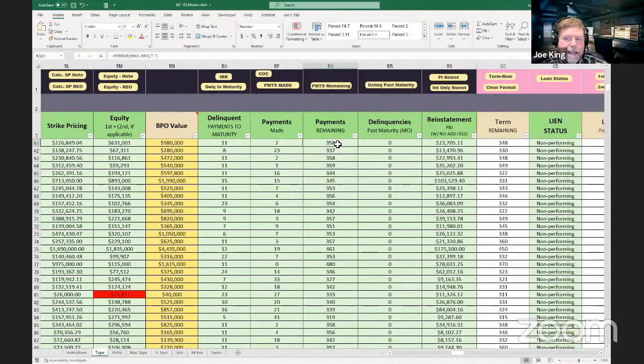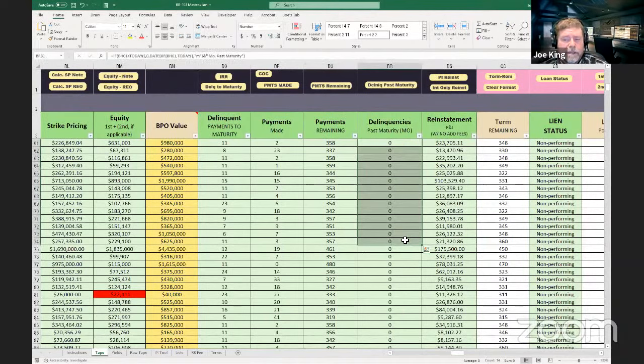We're buying payments from a seller that are interest bearing at a particular interest rate for a period of time. Now, most of these are at 360s. There are some, like I said before, that are at 480s. If you see 480, it's probably because there's some kind of loan modification on it where they've added some time to the loan. And in that case, you just have to be aware of that.